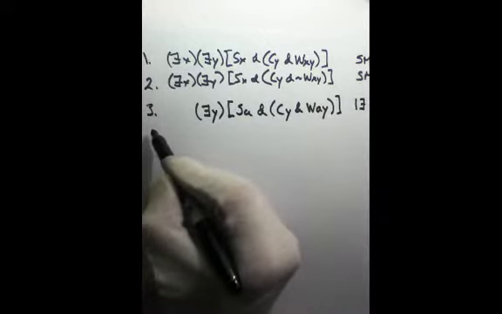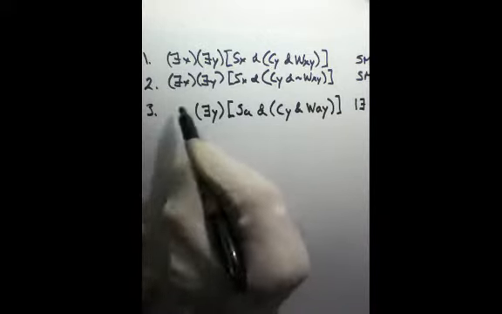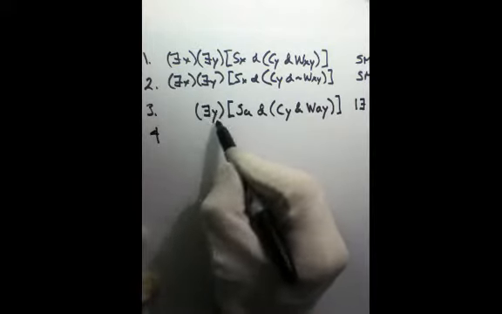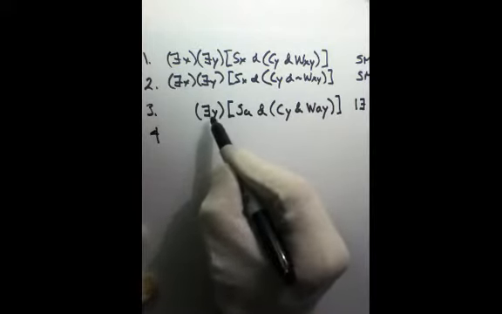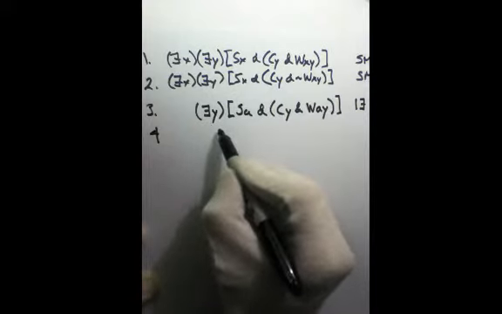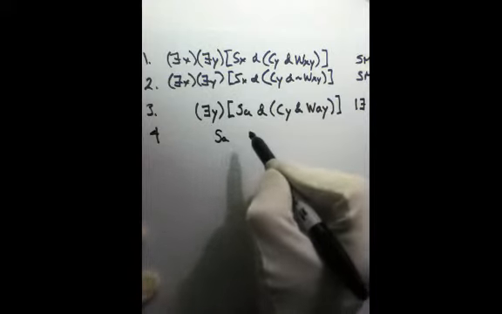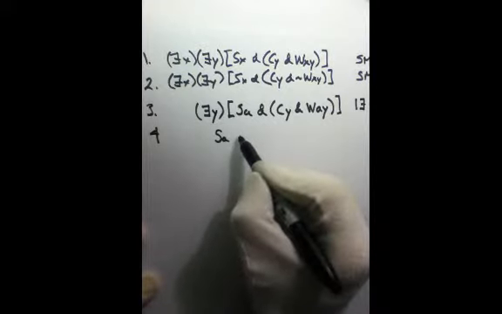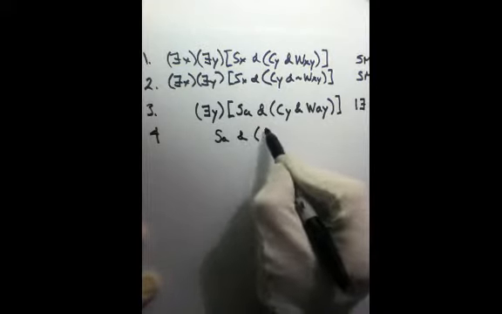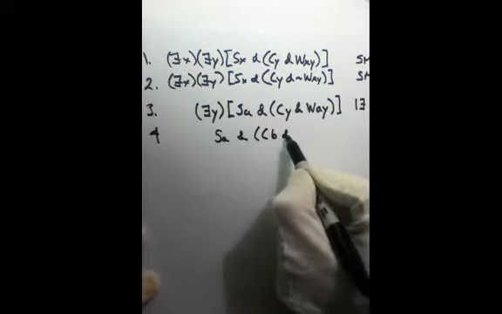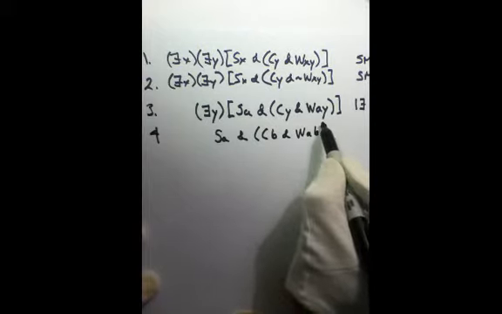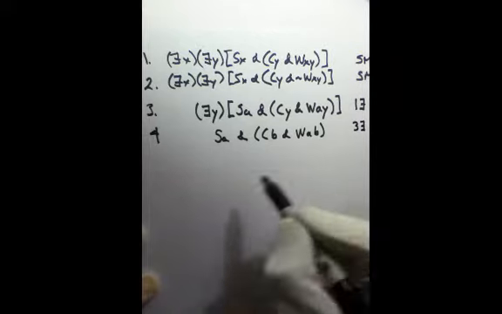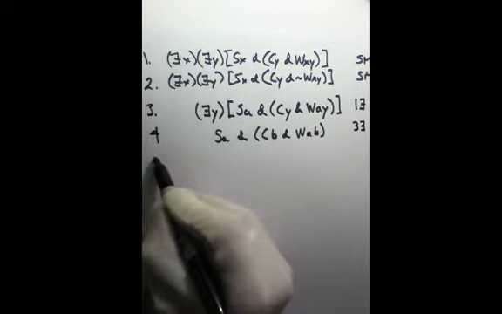And then we can instantiate this existential quantifier on line 3 again, and the way to do that is, of course, to use a constant that's foreign to the branch wherever we see y. So we'll write down Sa and Cb and Wab, and that comes from 3 by existential decomposition. And now we do basically the same thing with line 2.